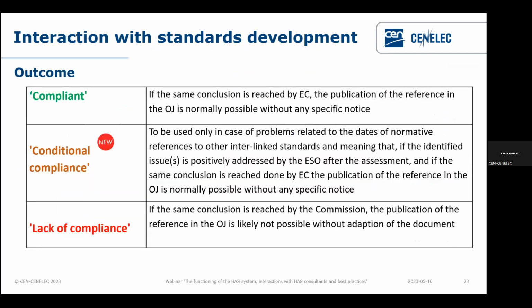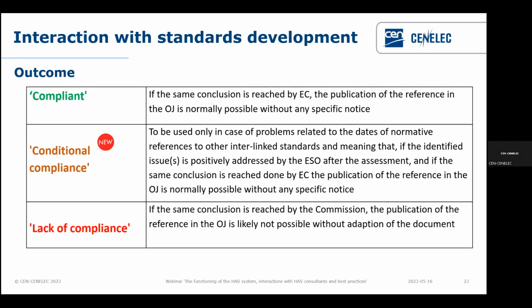The outcomes from the HAS consultant assessments normally are of three types. The compliant one: in this case, the reference or draft complies with all requirements from the HAS consultant and the European Commission. If the European Commission reaches the same conclusion as the HAS consultant, the reference will be published in the official journal.